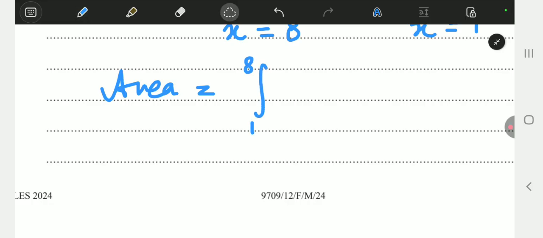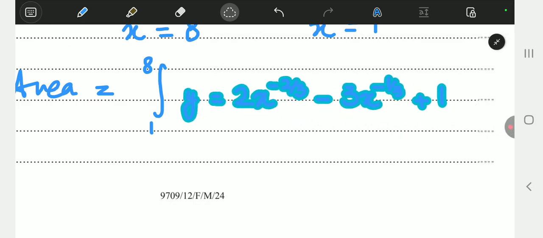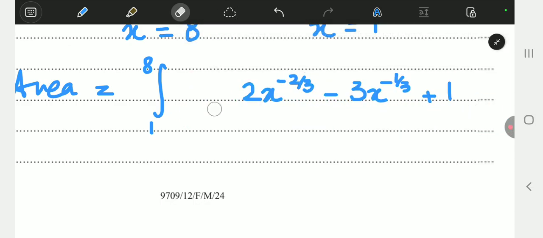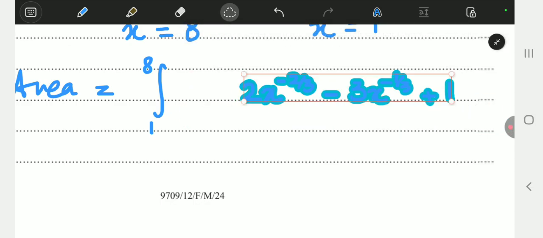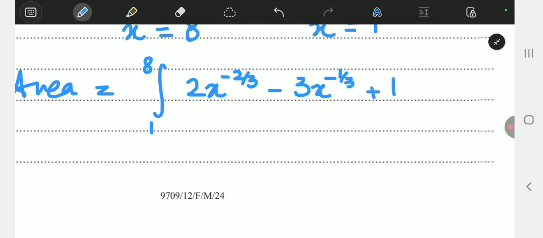What is your equation of curve? The equation is 2x to the power -2/3 minus 3x to the power -1/3 plus 1.